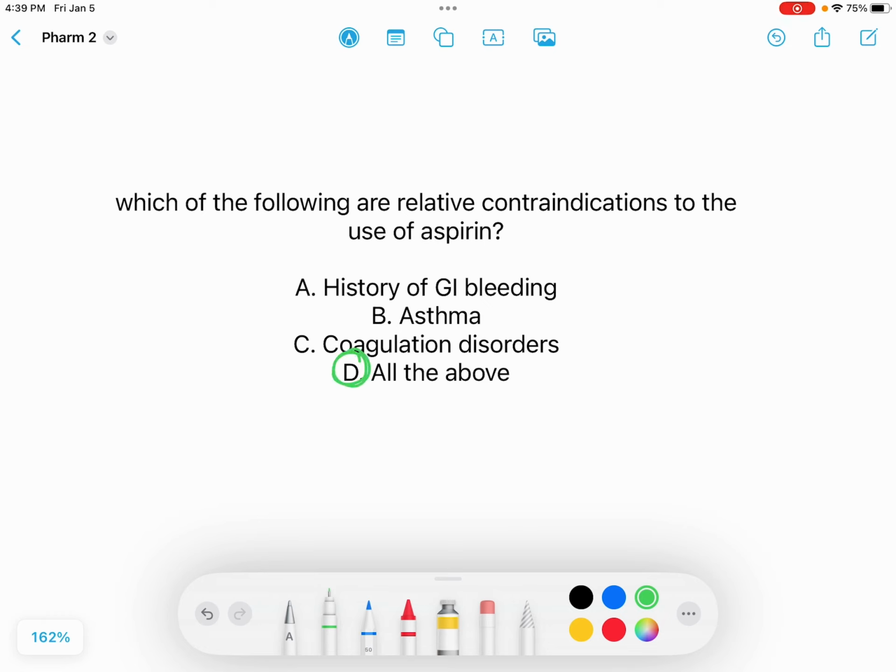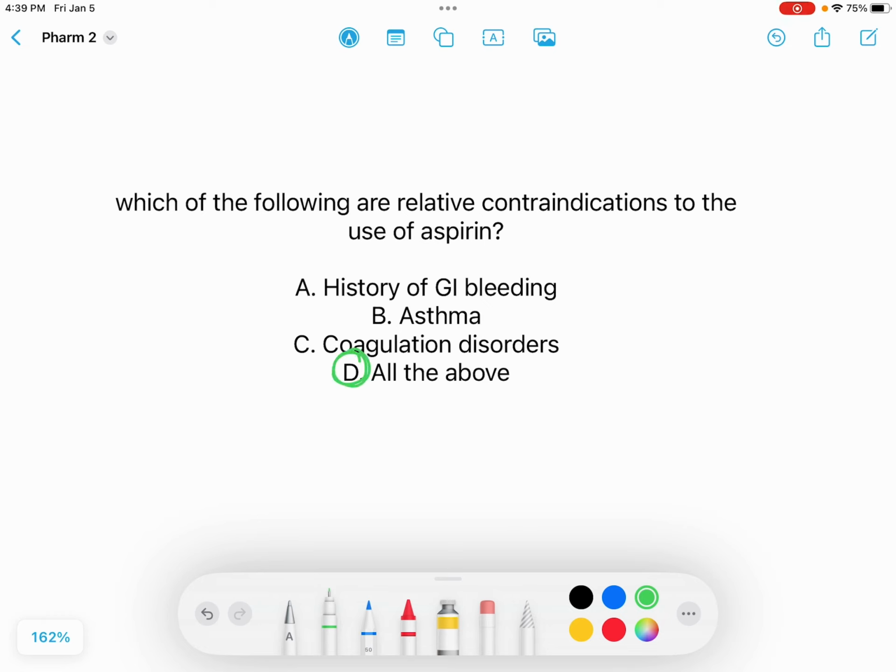So aspirin is a funky medication in that other than a true anaphylactic or significant allergic reaction to the drug or to the class of medications, most of the other contraindications are relative, meaning they're situational. So to start off with GI bleeding, they can have a history of GI bleeding, but as long as they do not have an active GI bleed.